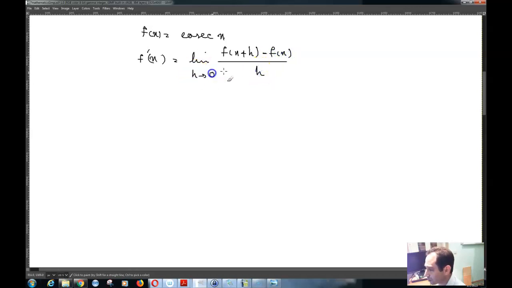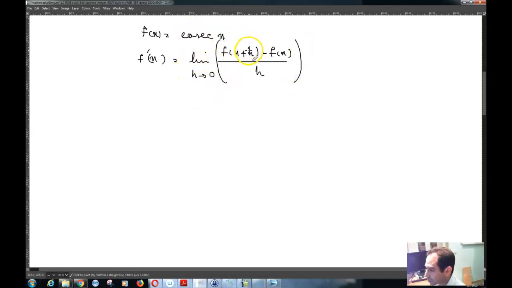So if f of x is equal to cosecant x, then we said that f prime of x is equal to the limit of f of x plus h minus f of x over h as h tends to 0.